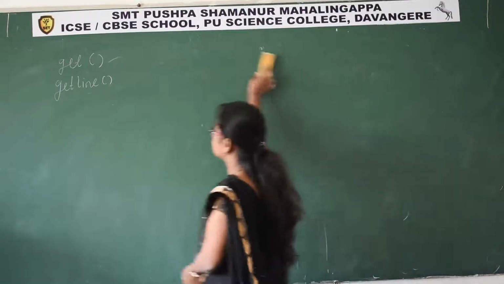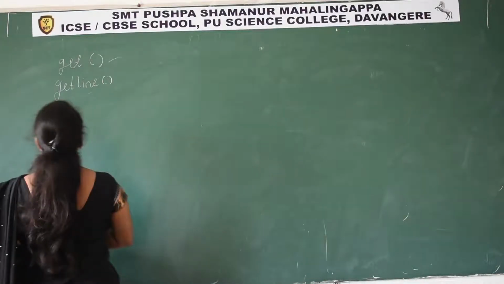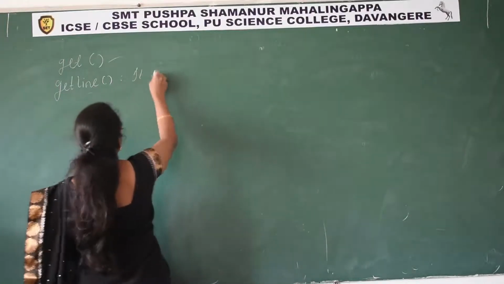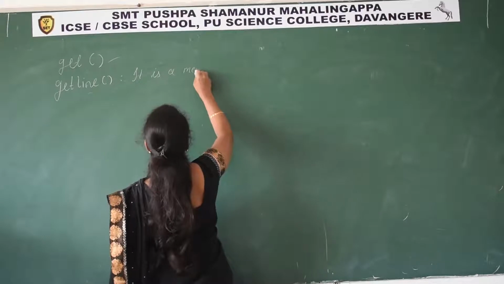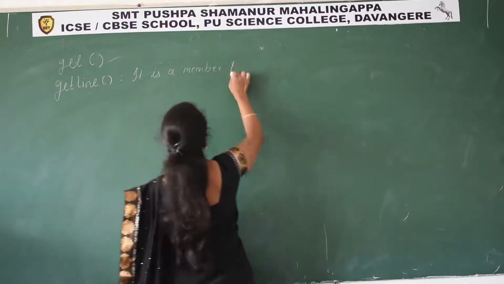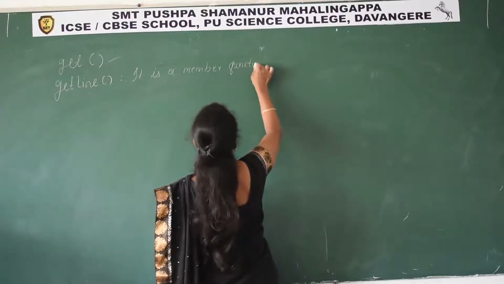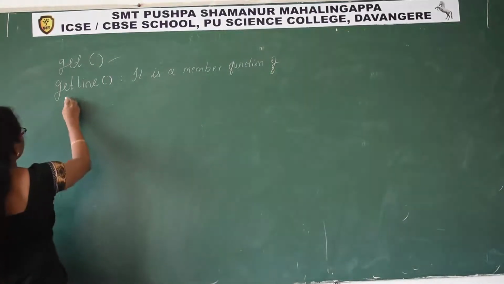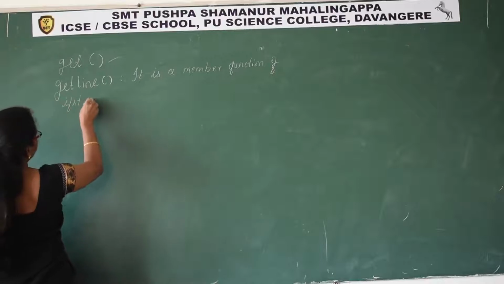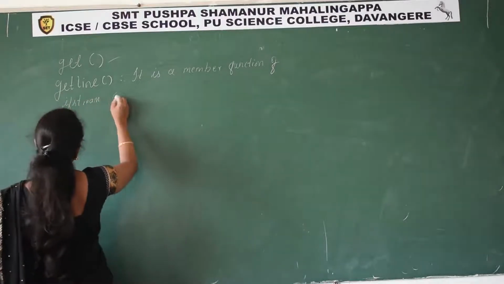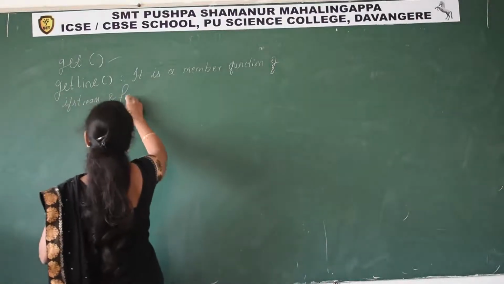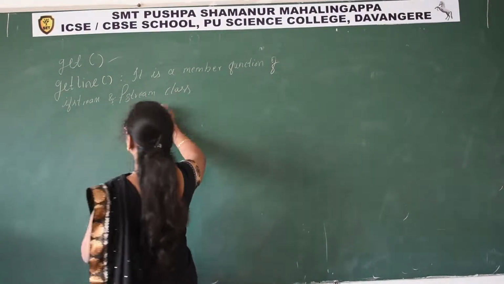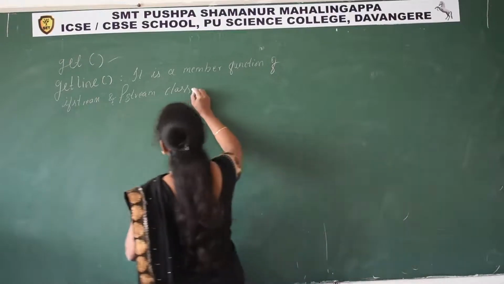Next, the getline function. It is a member function of the ifstream class, and the fstream class also. Get is also a member function of the ifstream and fstream classes.